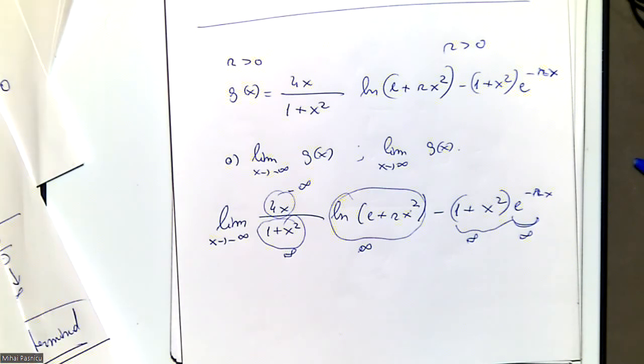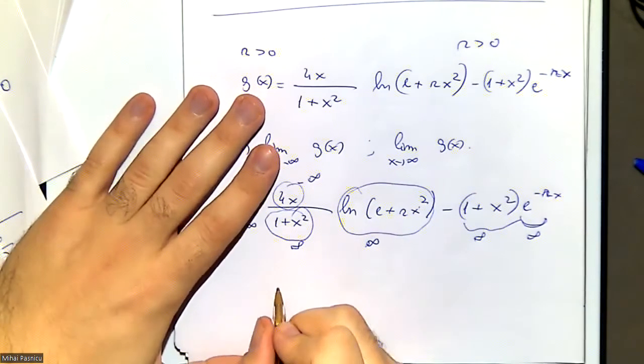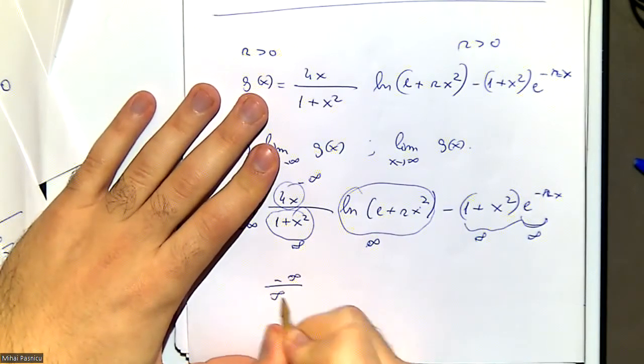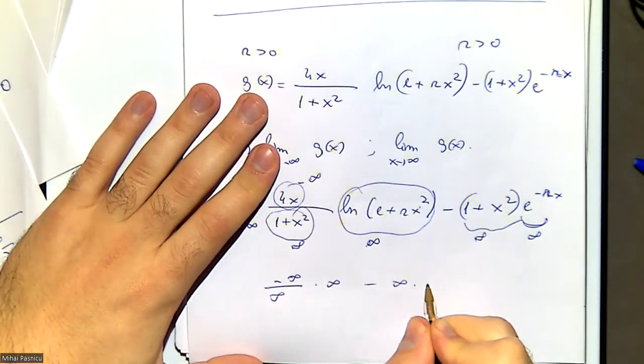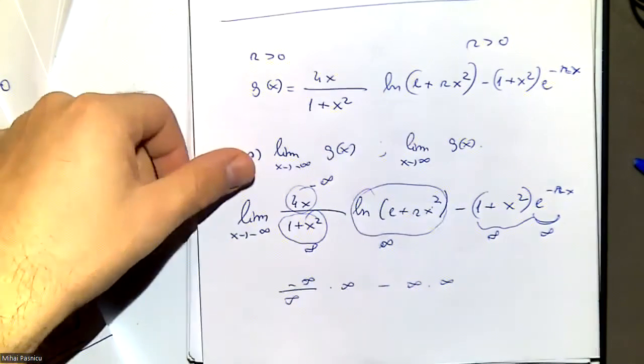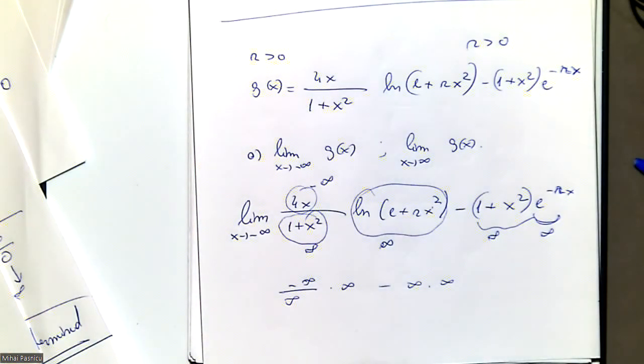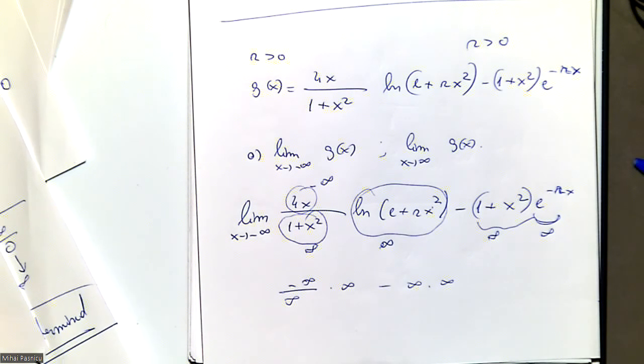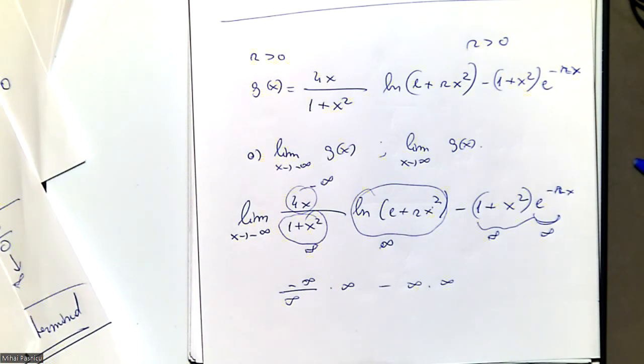So just to recap, where we are: we have minus infinity over infinity times infinity minus infinity over infinity. We're in a great spot. I have no idea what to do. Yeah, I don't know. We're going to think of something. Again, I could at this point create some stuff and make some arguments based on what I know, but I'm going to pretend like I don't know this.